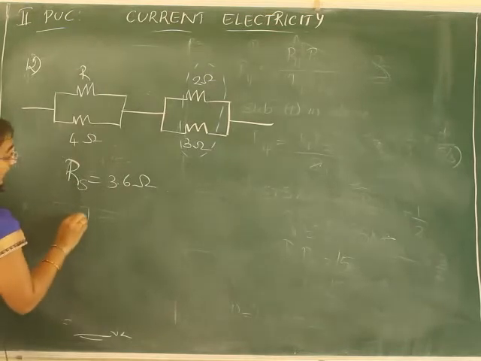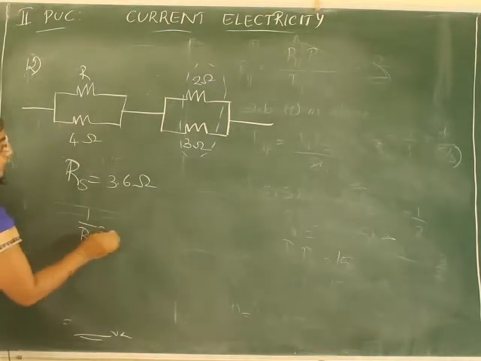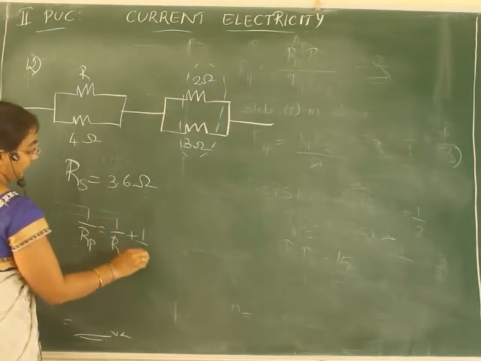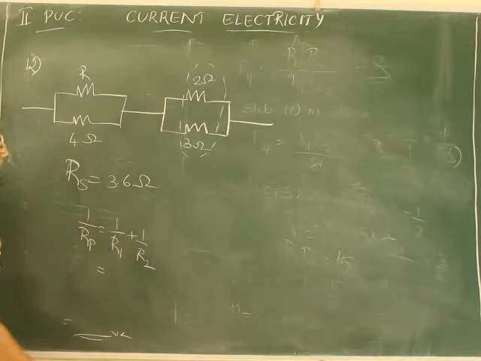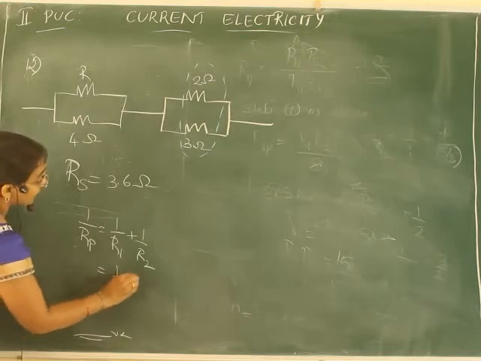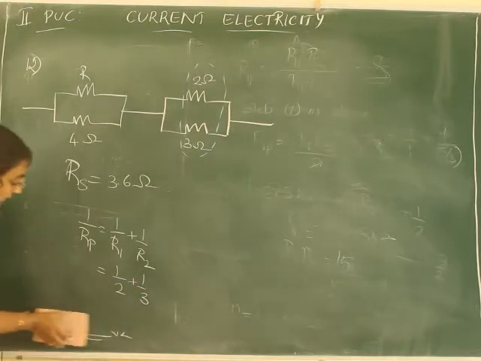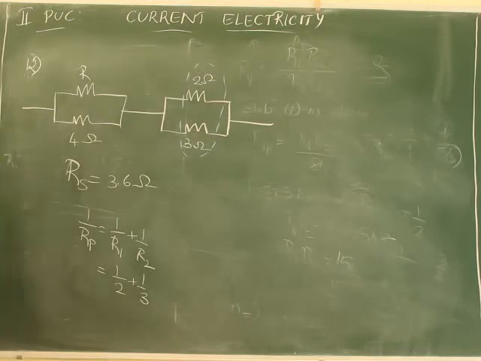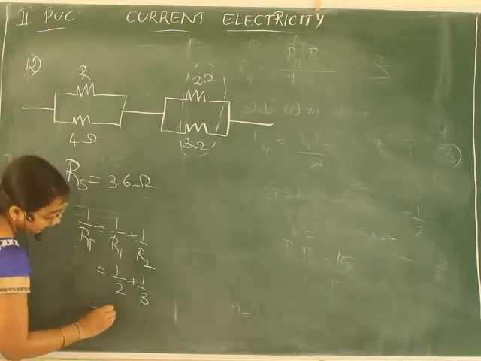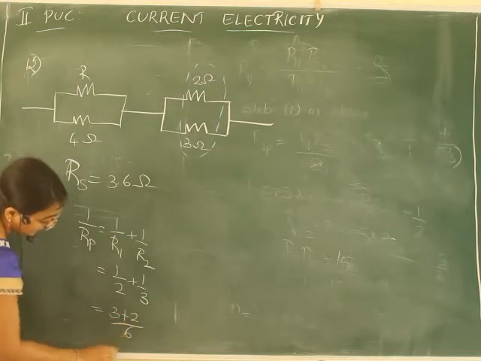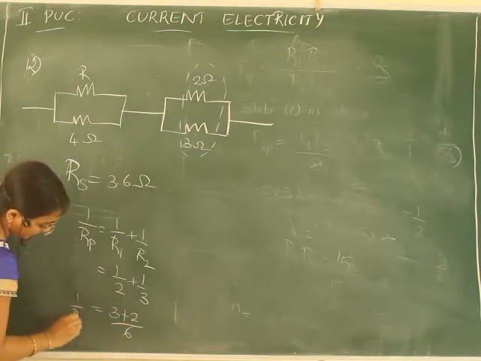Okay. 1 by Rp is equal to 1 by R1 plus 1 by R2. That is equal to 1 by 2 plus 1 by 3. Then what is the answer we are getting? 3 plus 2 divided by 6 is equal to 1 by Rp.